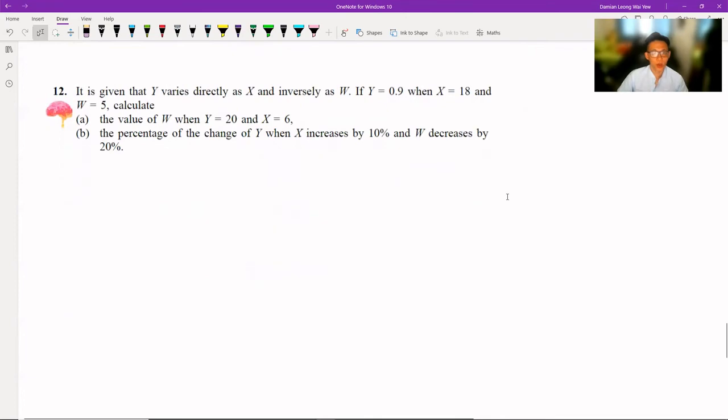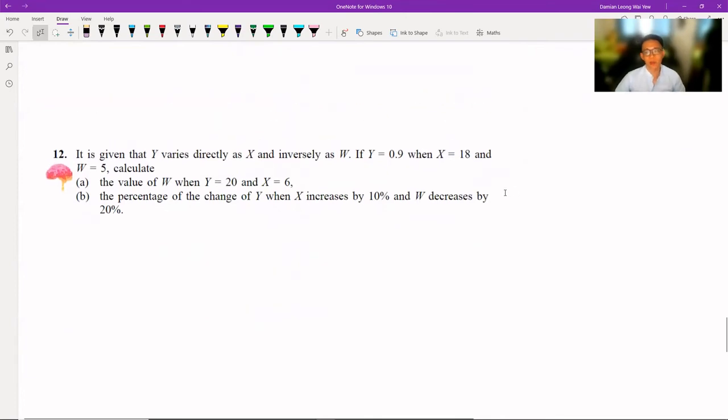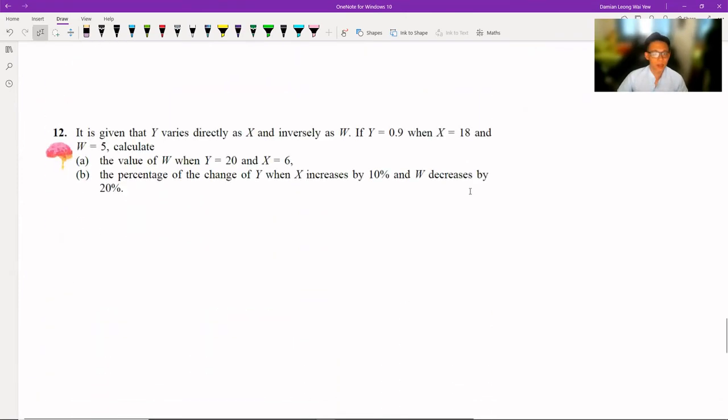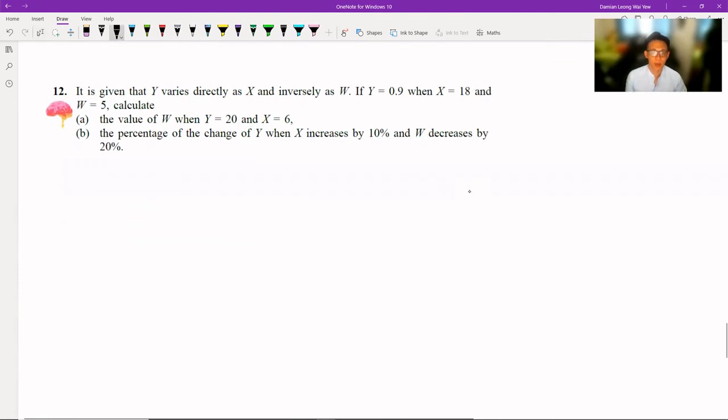And then question 12. It's given y varies directly as x and inversely as w. Y varies directly as x means y equals kx, and inversely as w means over w. If y is 0.9, x is 18, w is 5, substitute inside, find the k.